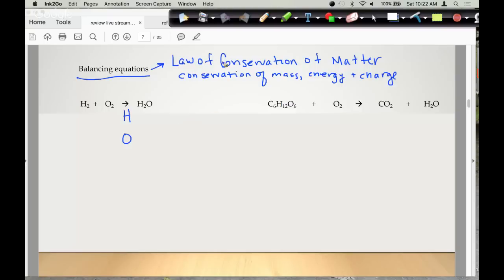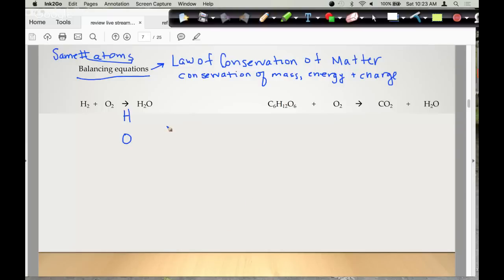If an equation is balanced properly, we have the same number of atoms, or the same number of moles of atoms, on each side. Remember that the law of conservation says that matter cannot be created or destroyed. It will only change forms in chemical reactions.